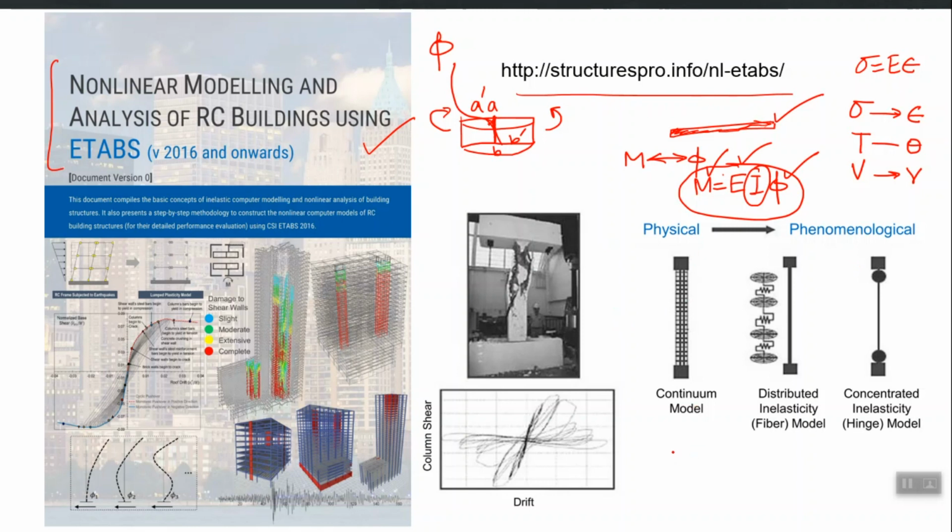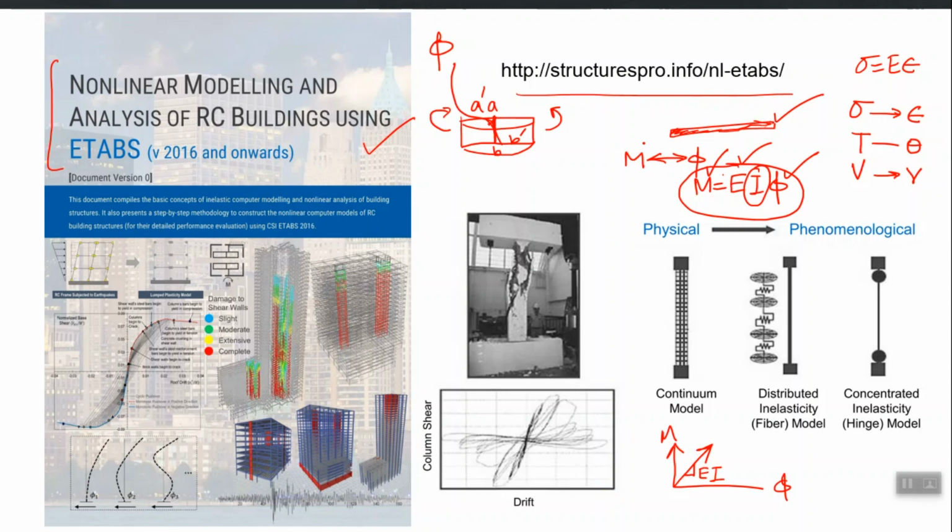If you plot a relationship between moment and phi, a linear equation will always be linear forever, and the slope will be EI, right? Just like the stress-strain curve, the slope is the elastic modulus. Here the slope will be EI.